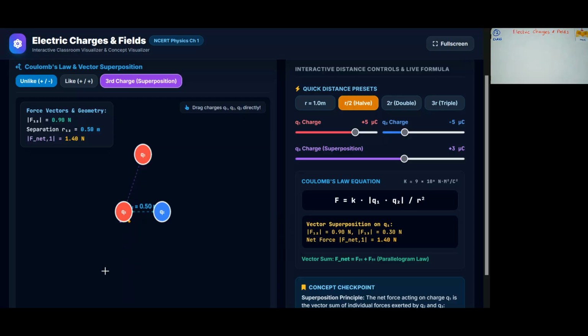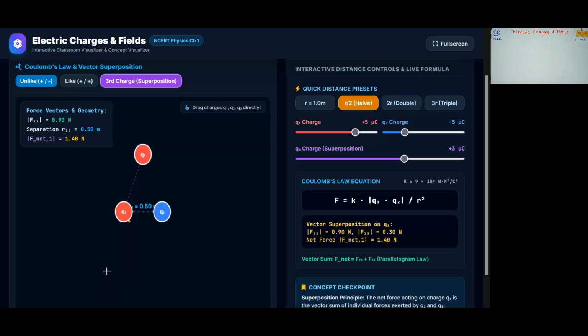Vector F13, purple, repelling Q1 away from Q3, because Q1 and Q3 are the same charges. Q1 and Q2 are unlike charges. So green pulling, purple repelling Q1 away from Q3. The gold arrow represents the net resultant force vector, F net.